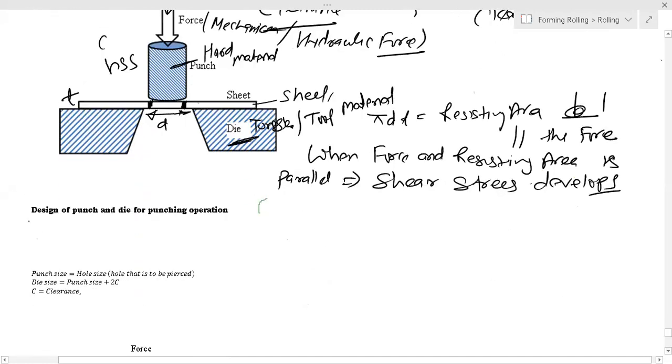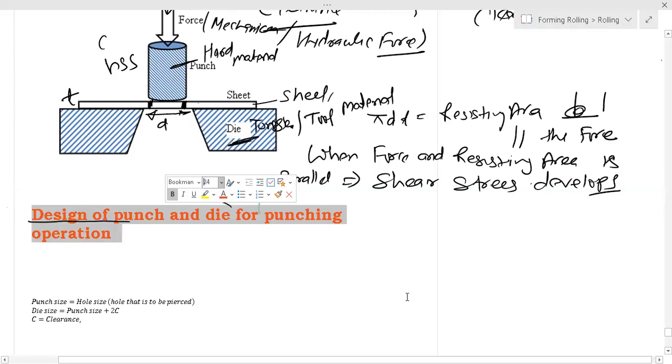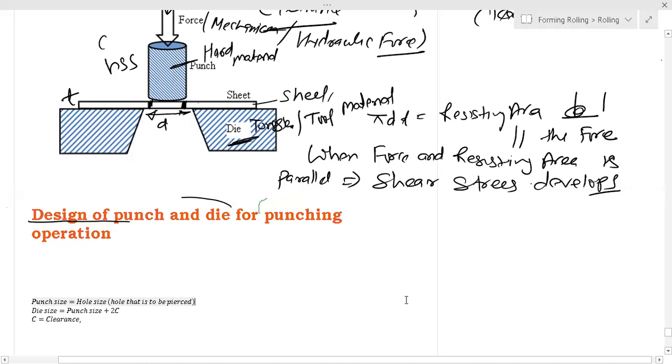Now, design of punch and die for punching operation. So we are going to design a die and punch for punching operation, or we call it piercing operation.